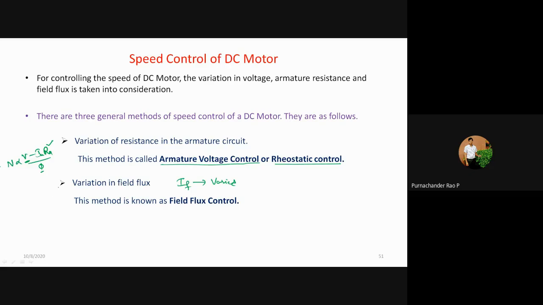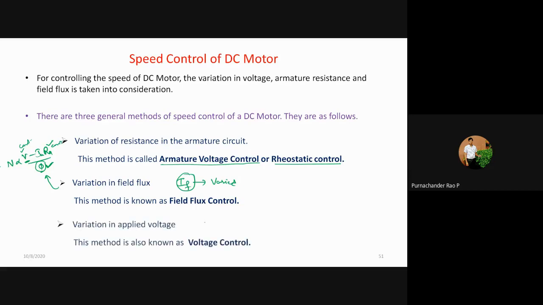In the second case, when you are varying the flux, Ra must be kept constant and the applied voltage is also constant. The flux is varied with the help of the current If passing through the field winding.